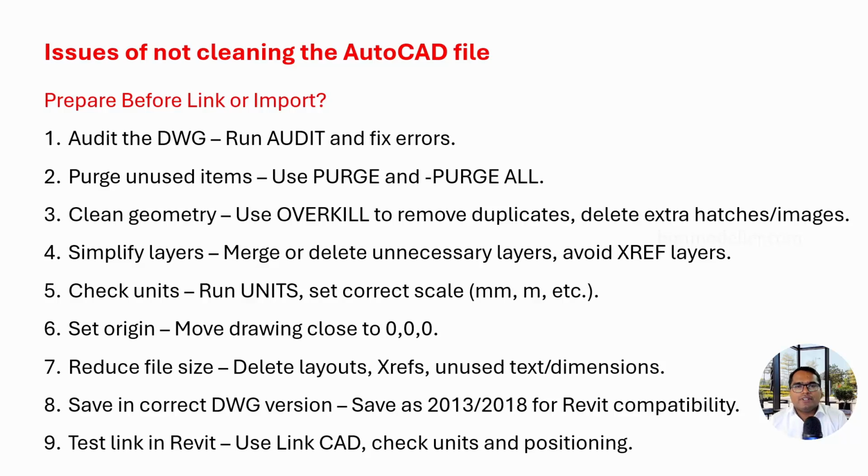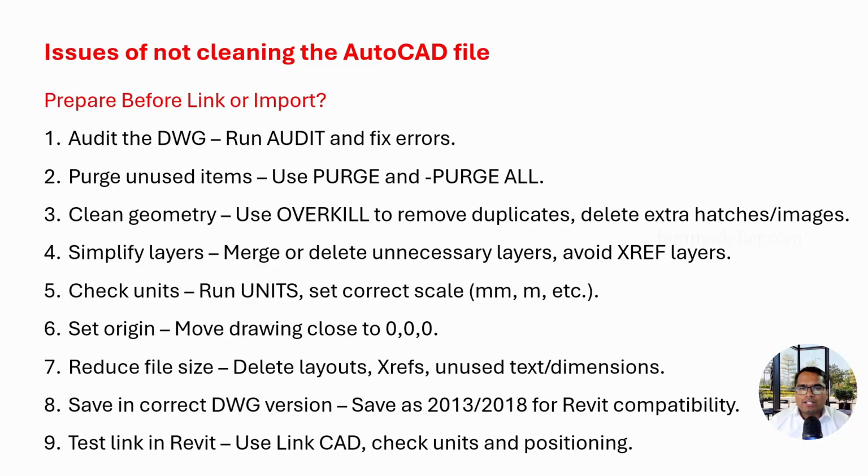And simplify layers. Hundreds of layers will be there in architectural drawings, as I'm well versed with that. In MEP we have very limited, maybe 50 at most, but in architecture we have n number of layers. Make sure you simplify your layers and take only the required layers, or at least hide the unnecessary layers in AutoCAD.